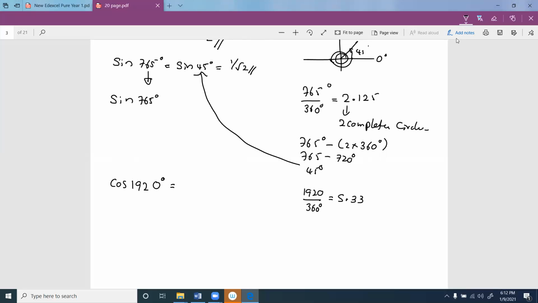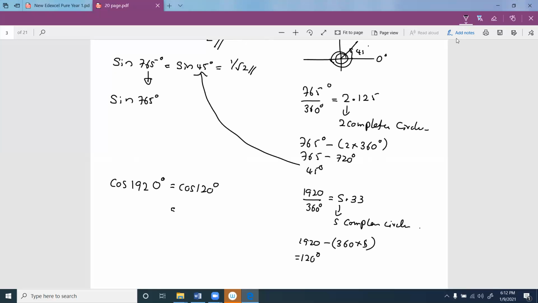That means 5 complete circles. Therefore, 1920 minus 360 times 5 gives you 120. So this is similar to cos 120.